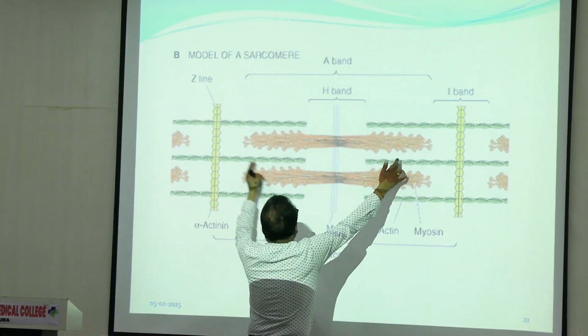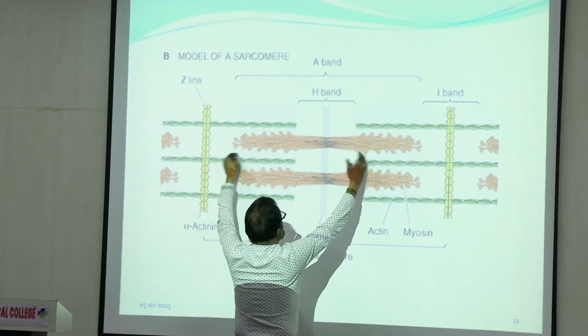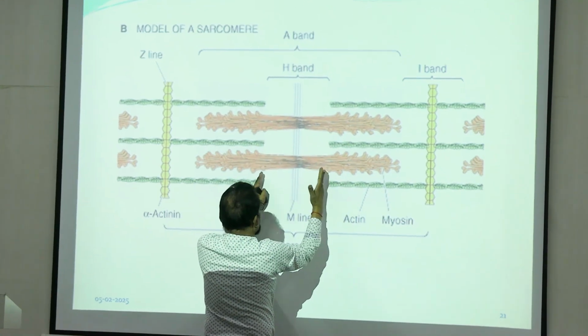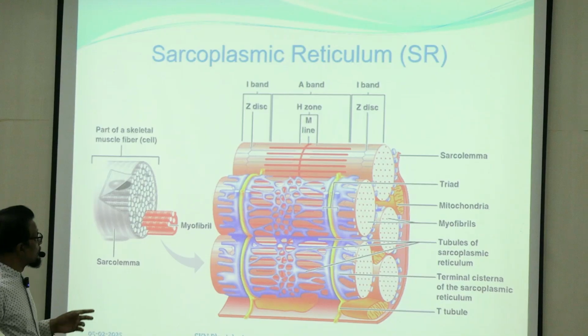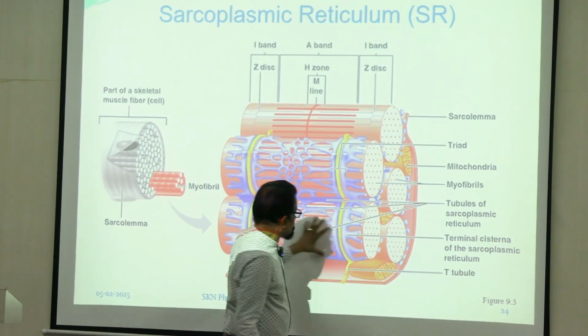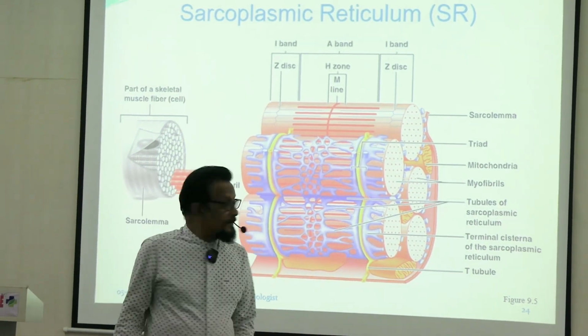Because of cross-bridge formation and contraction, both these actin filaments will come closer. As a result, this band will be shortened. These are what? Actin and myosin, muscle fibers.